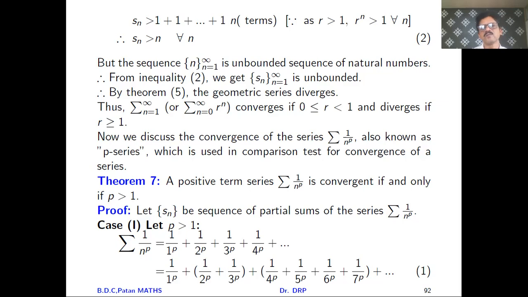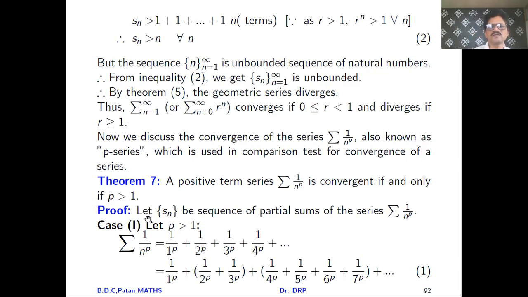So theorem number 7 as well as theorem number 6 are both important because we need these theorems under the comparison test and the rest of the articles of this topic to check the convergence of infinite series of real numbers.